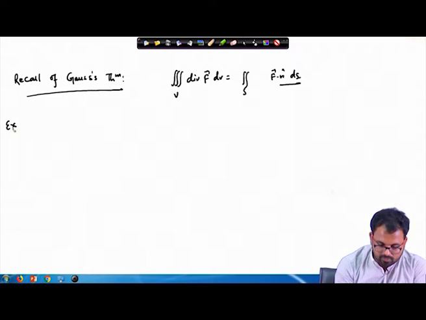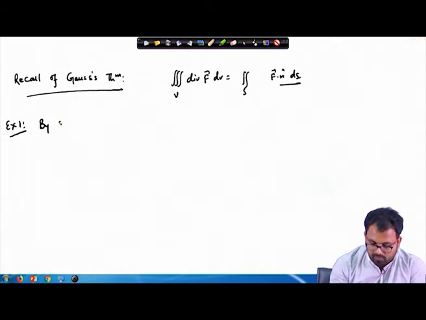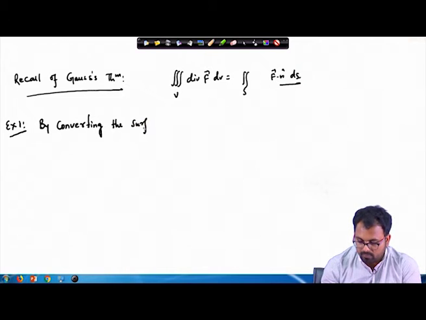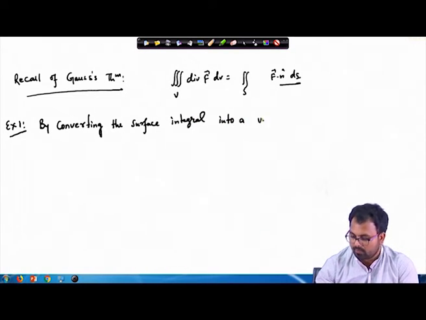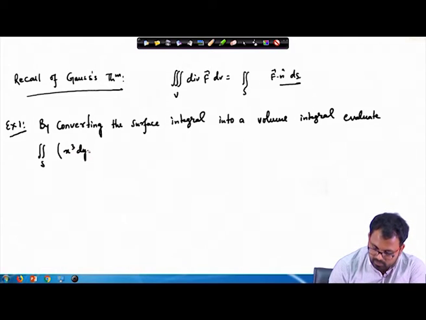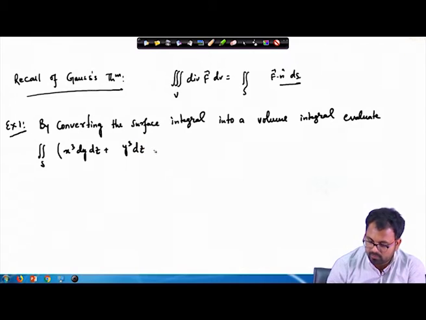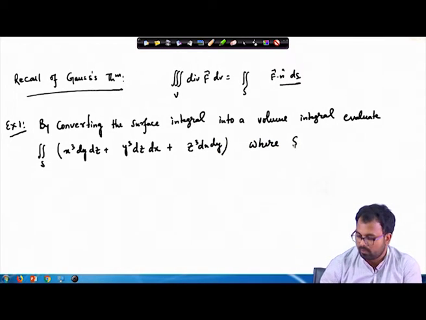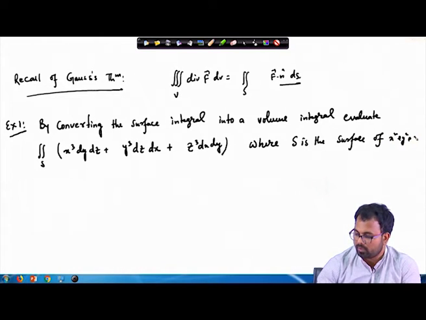So, we will solve one example based on this theorem. The first example is: by converting the surface integral into a volume integral, evaluate the surface integral over S of x cube dy dz plus y cube dz dx plus z cube dx dy, where S is the surface of x square plus y square plus z square equals 1.